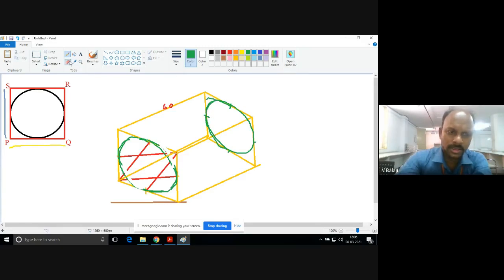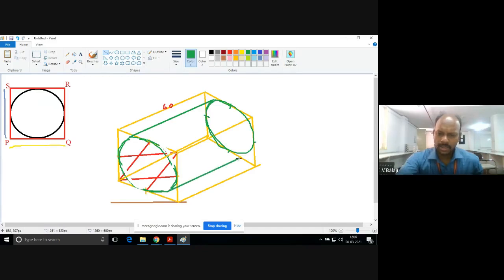Thereafter, what to be done? You can join both the ellipses tangentially like this. Just use an ordinary line to join the ellipses. So this is the right isometric view.